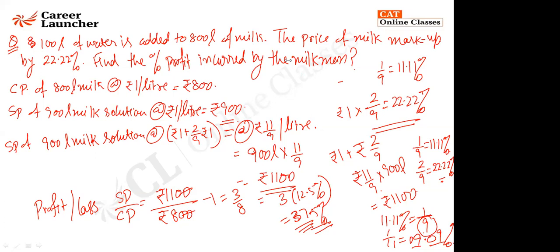This is the price of milk marked up by 22.22%. That is, the price is increased. So I bought it at rupee 1, but I'm going to increase the price of this by 2 by 9th of 1 rupee. So that gives you rupees 11 by 9.